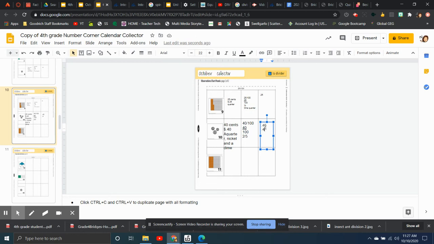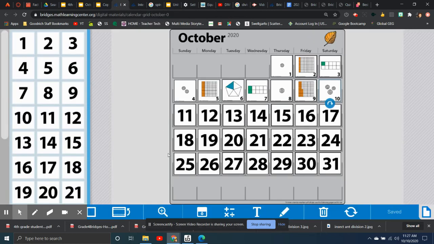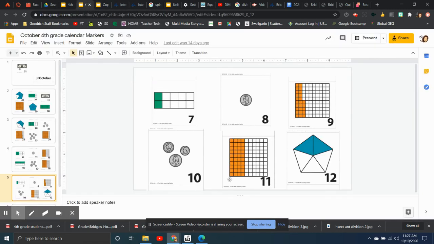So now we're going to look at the next marker, which is Sunday, or was Sunday. Today's Monday. Looks like it's 40 again. Let's see. Yep. 4 tenths. So it's 4 tenths.